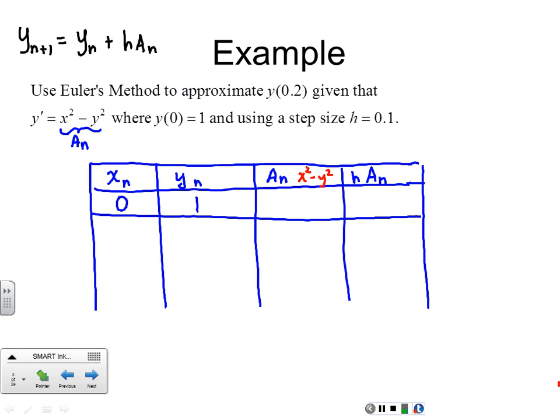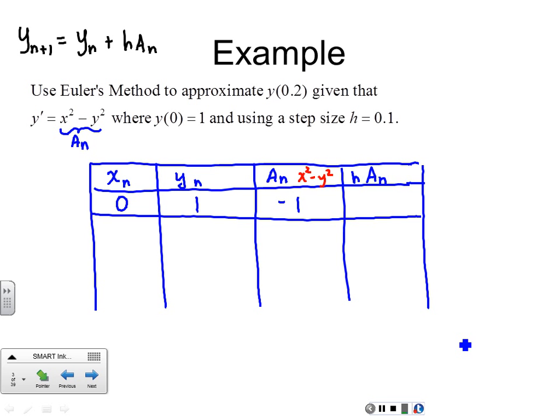So in this problem, what is 0 squared minus 1 squared? What would you get if you calculate all that out? Don't go any further. Stop right there. Does everybody see here? I got the negative 1. Just doing the math, right? X squared minus y squared.